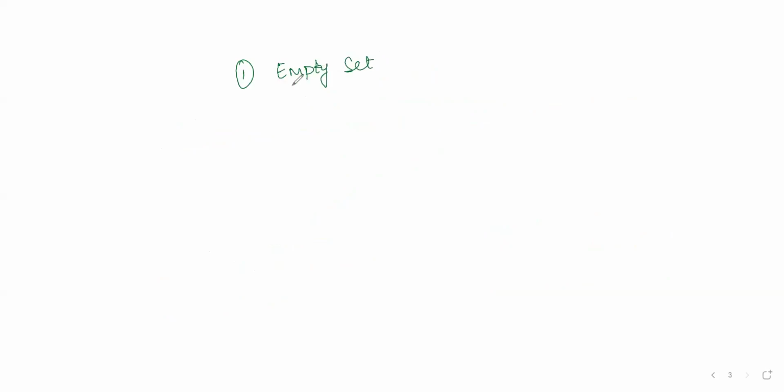Empty set. What is an empty set? An empty set is a set which does not have anything in it. In the roster format, we write it as a null set.